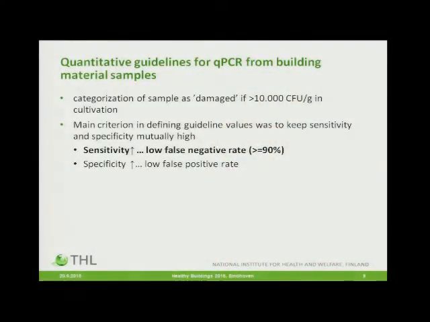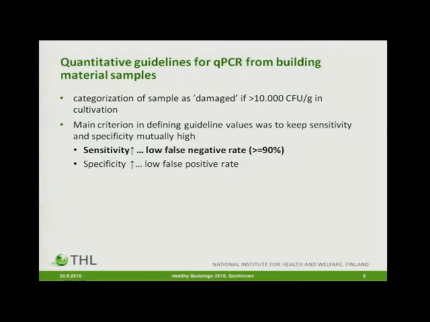But what you realize is that if you try to increase sensitivity, meaning you lower the threshold in your qPCR so that you really get everything in qPCR that is damaged based on the cultivation, then you drop your specificity. So you get a lot of false positive results, and false positive is also another thing to discuss.